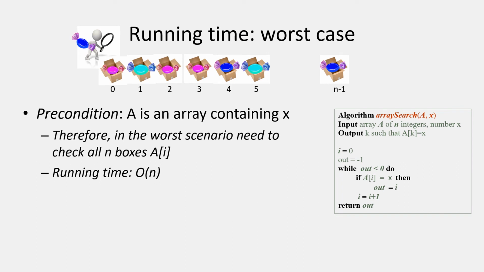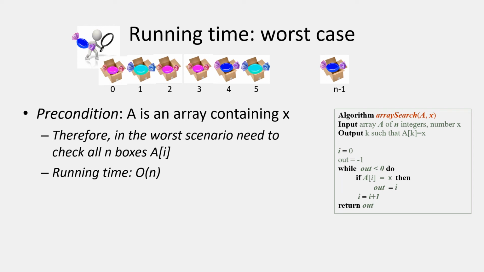So let's now talk about the running time. Suppose our program worked correctly, and now the question is, how long does it take to run? Suppose our precondition is that A is an array that contains X. X can be anywhere between the first box, let's say box number 0, and the last box, box number n-1.